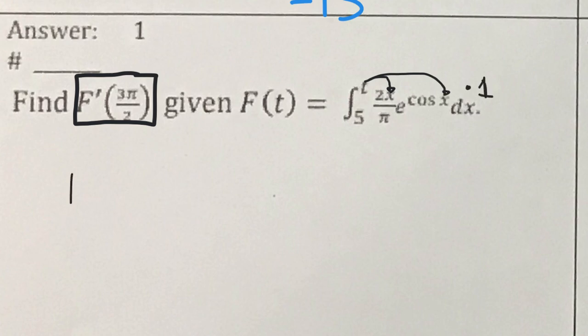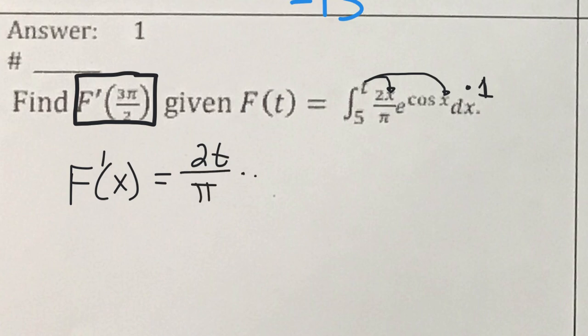When we take the derivative of an integral, we no longer have an integral. It is 2t over pi times e raised to the cosine of t power, times 1. So now we're going to do our substitution. We're going to replace t with 3 pi over 2.